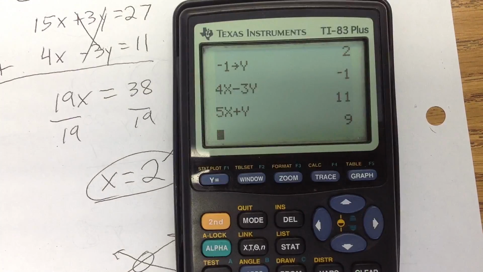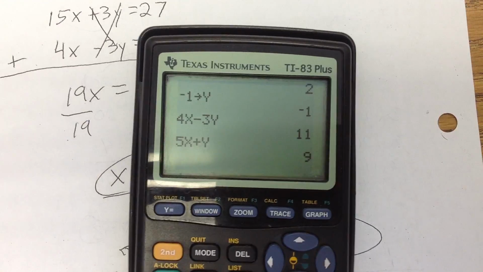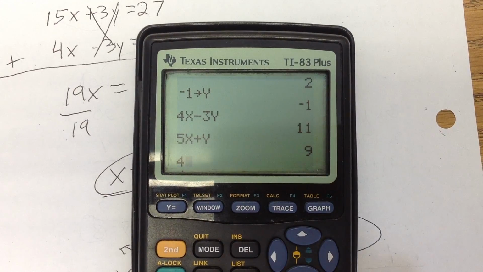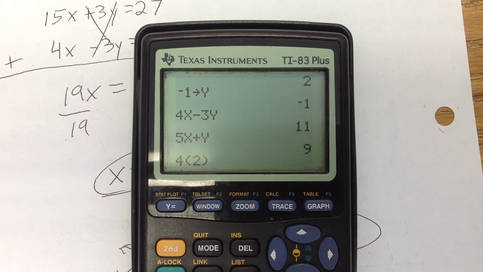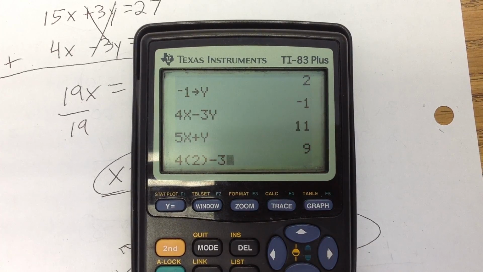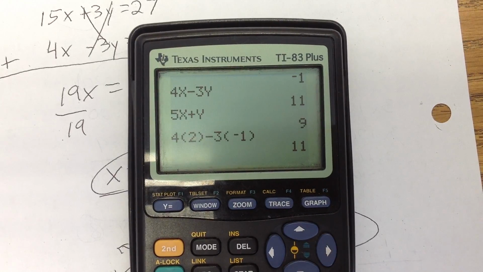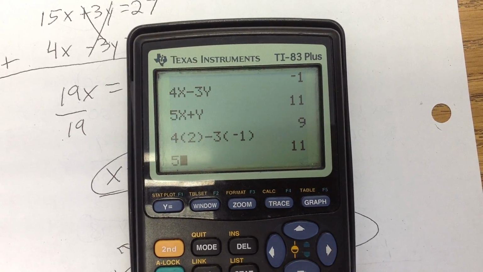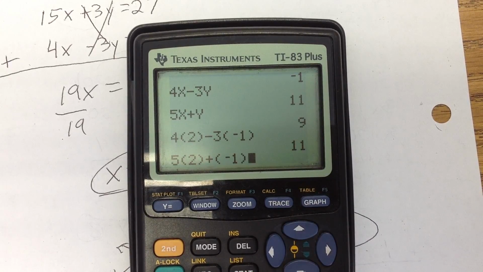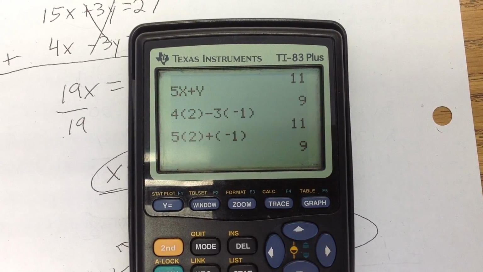Or you can just do them by hand and say, all right, 4 parentheses 2 minus 3 parentheses negative 1. Yep, that gave me 11. And then the same thing down below. 5 parentheses 2 plus negative 1 for my y. And that gave me 9, and they're both checking out.